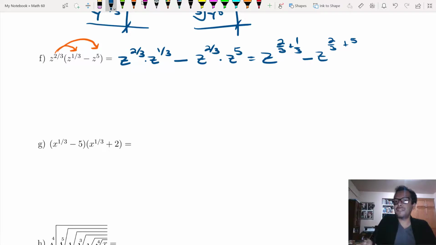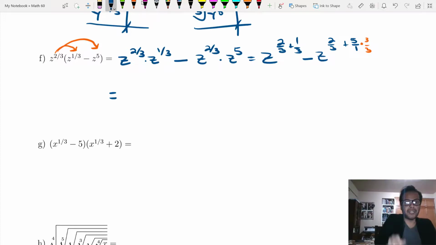But that 5 is the same as saying 5/1, right? This 5 right here, it's the same as saying 5/1. And that's going to be useful when it comes to coming up with a least common denominator to add up the powers, right? Okay, so let me add those missing factors, right? 3 and 3.